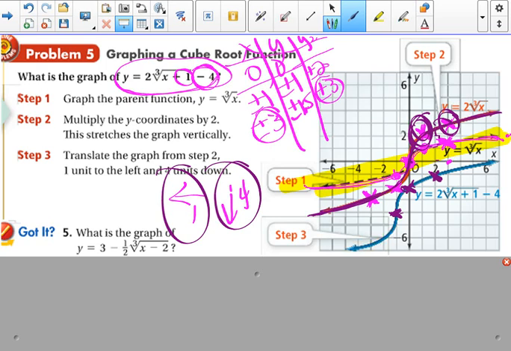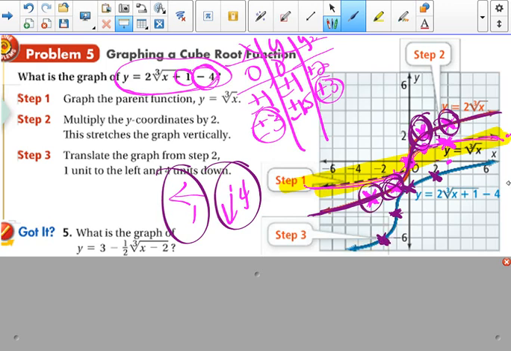Now let's do the ones on the left side. So for this one, whoops, I picked the wrong one. That's on the parent. Actually, let me delete this. For this one here, we're going to go back 1 and down 4. So it's right here.